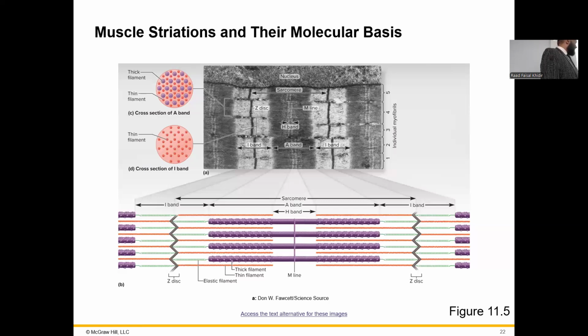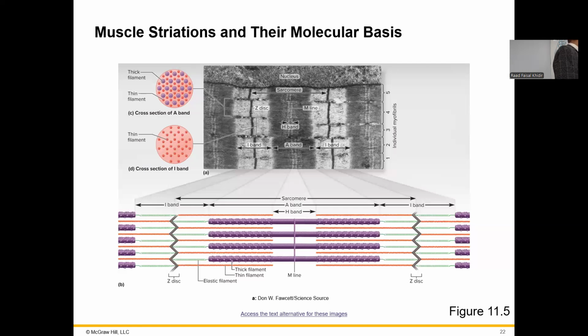But from each Z disc to the next Z disc, what do you have? From one Z disc to the next Z disc is your sarcomere, and that is your contractile unit.